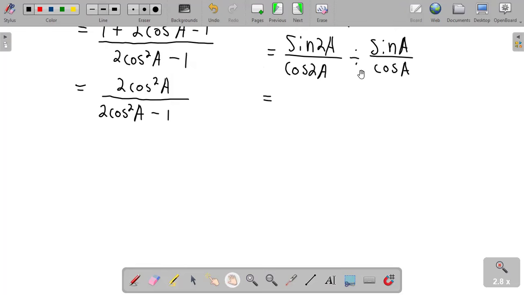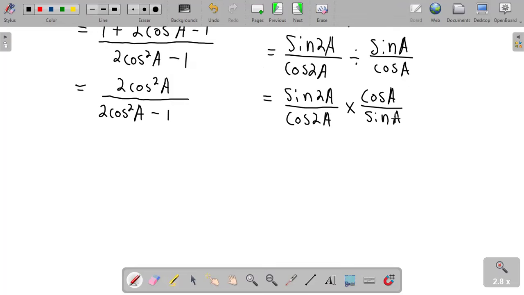If we remove the division here, we can replace the division with a multiply, isn't it? Sine 2a over cos 2a multiplied by cos a all over sine a.